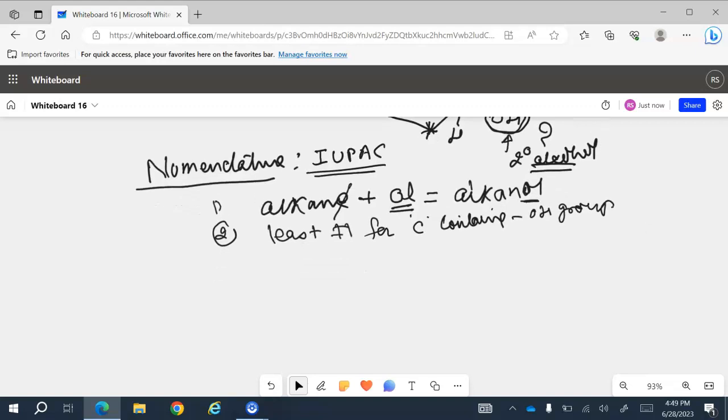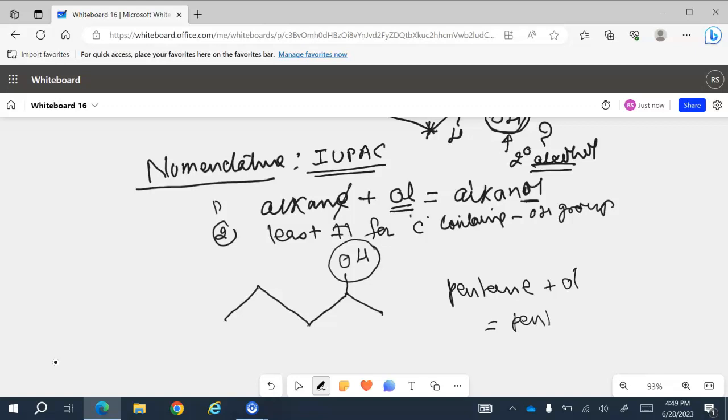Now, let us see, for example, how to name this alcohol. First, we find the longest carbon chain: 1, 2, 3, 4, 5, a five carbon chain. Therefore, this will be pentane, and since there is an OH group, this will be pentane plus OL. So obviously, it will be pentanol.